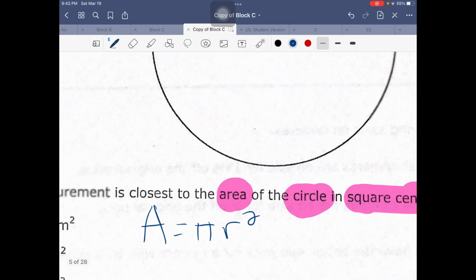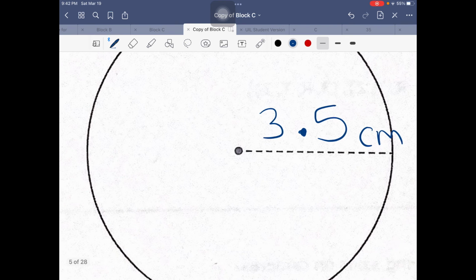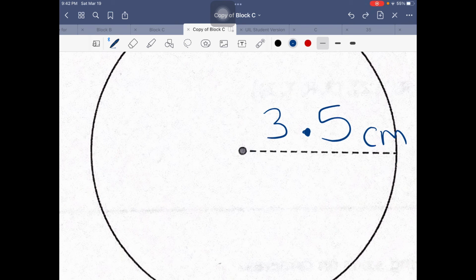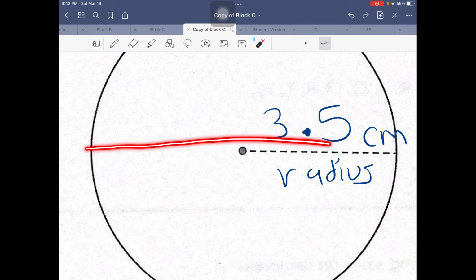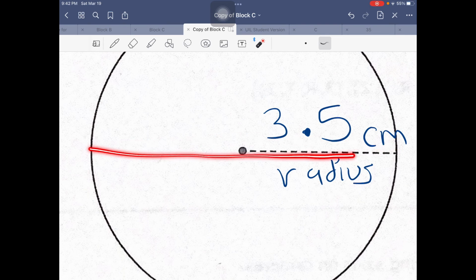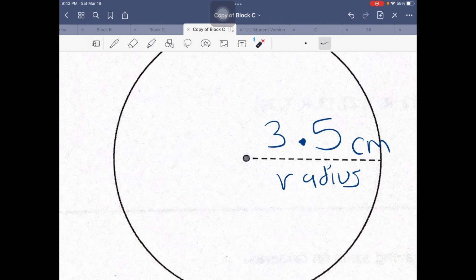Now, if we plug in what we know, because I told you, this is your radius. If it was from one side to the other, that would be diameter. The distance from one side of the circle to the other side, the entire line, is called diameter.